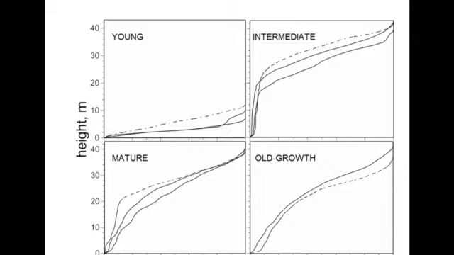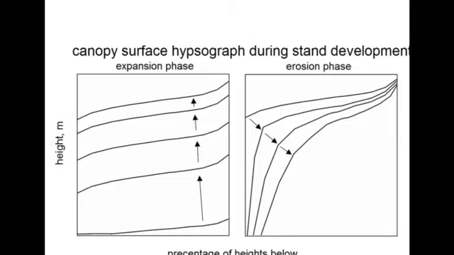These, I think, are nice signatures for the stage of the forest development. And this works in both broadleaf forests and in the few cases that I've measured of conifer forests as well. Now, we can put all those together in a kind of descriptive picture. And what I would suggest is that we have 2 phases in forest development, using that hypsograph as a descriptor.